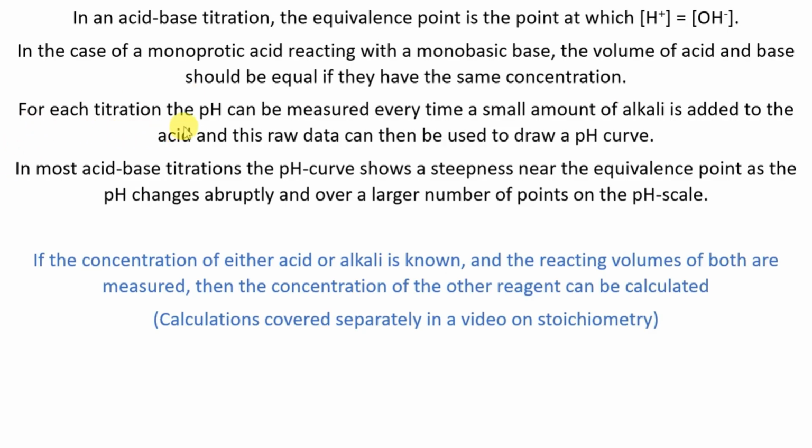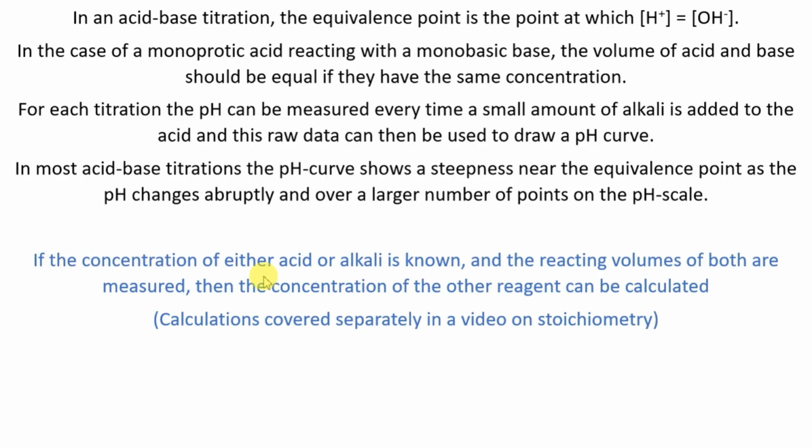For each titration, the pH can be measured every time a small amount of alkali is added to the acid, and this raw data can be used to draw a pH curve. In most acid-base titrations, the pH curve shows a steepness near the equivalence point as the pH changes abruptly and over a large range of points on the pH scale.